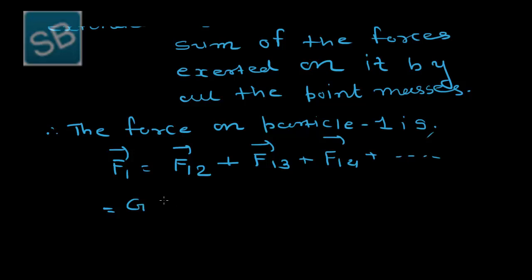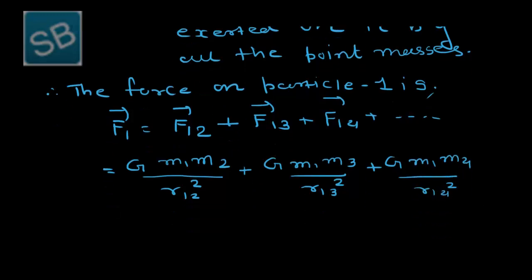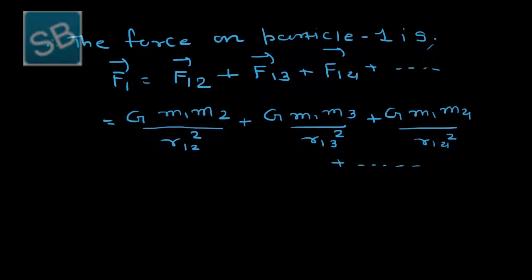It is equal to G m1 m2 divided by r12 square plus G m1 m3 divided by r13 square plus G m1 m4 divided by r14 square, and I can extend it up to n particles.